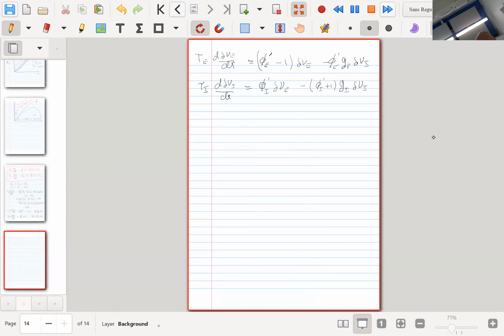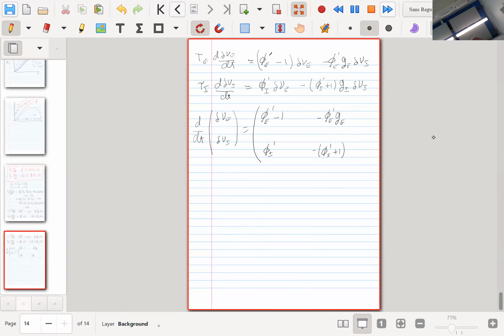Okay, so d/dt of delta nu e, delta nu I is equal to phi e prime minus 1, minus phi e prime ge, phi I prime, and minus phi I prime plus 1 gi.